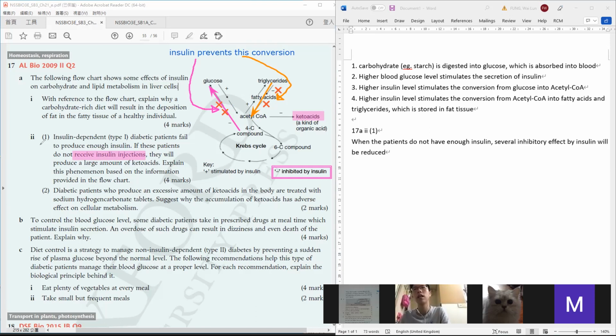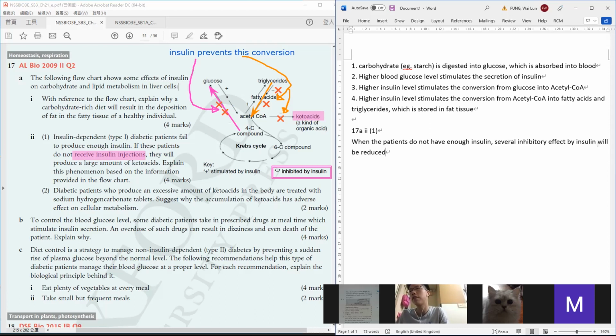Insulin doesn't like this conversion either. Insulin doesn't like all these conversions, but now you have less insulin effect.